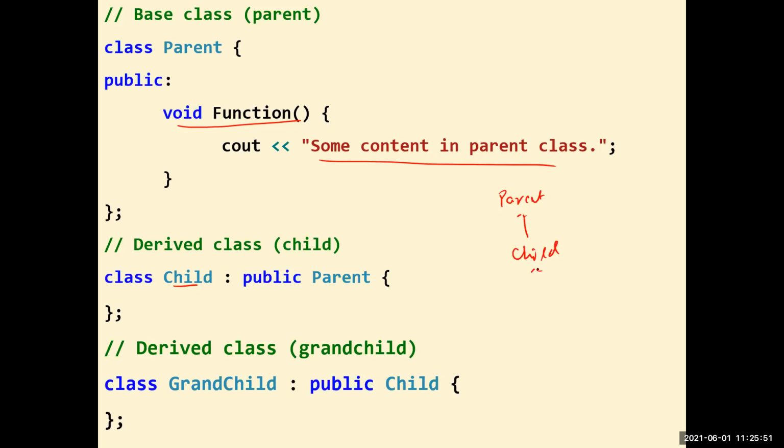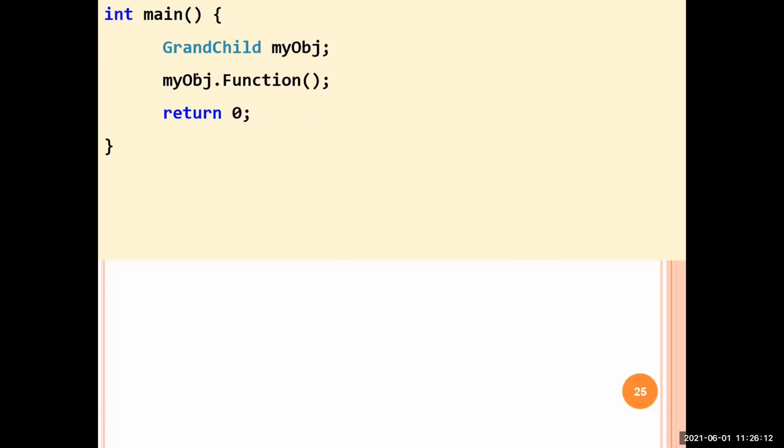And then you have a grandchild class. This function is inherited here, and then from here it is inherited here. So the function which we made in the parent class is also a member of the grandchild, and in the main you can make an object of this, and you can perfectly call this function.